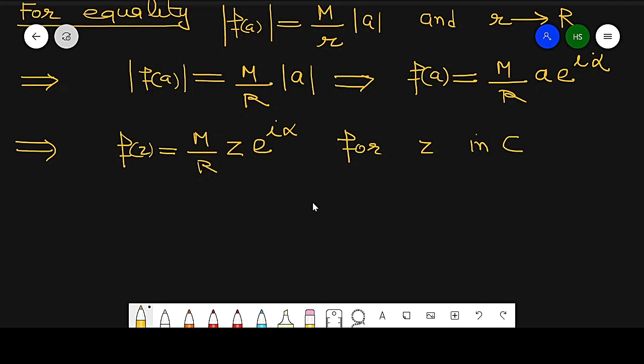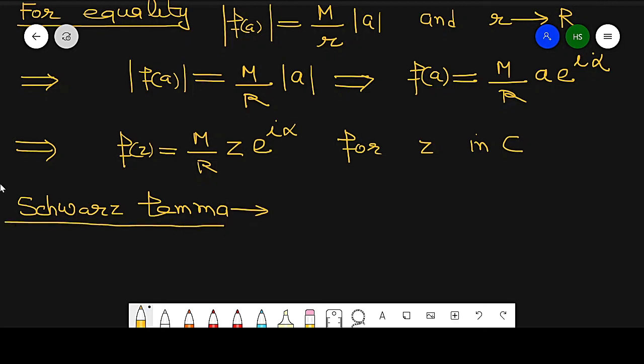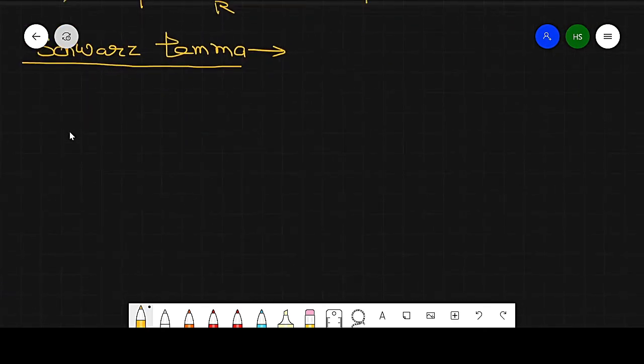Now the next result is called Schwarz inequality, Schwarz lemma. That is based on the previous result. So what is the statement of Schwarz lemma?